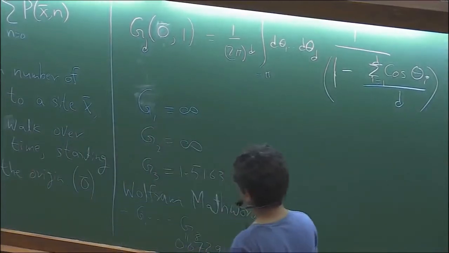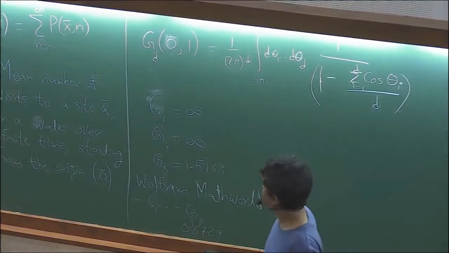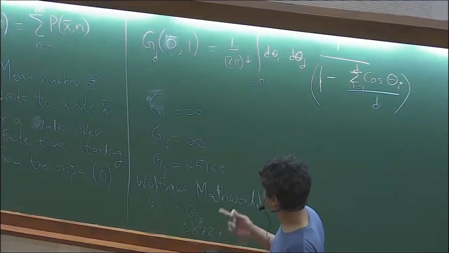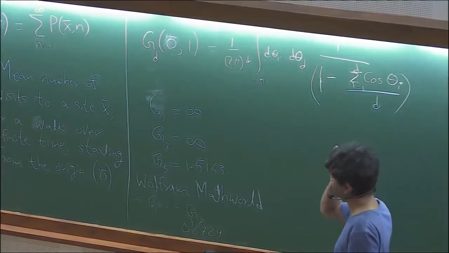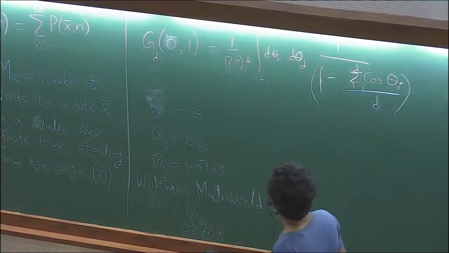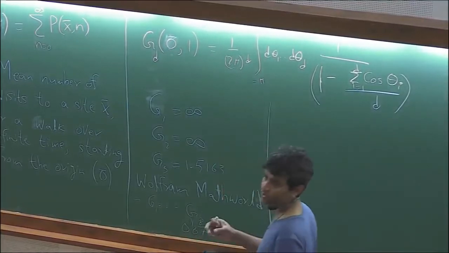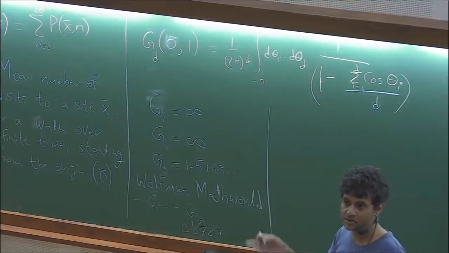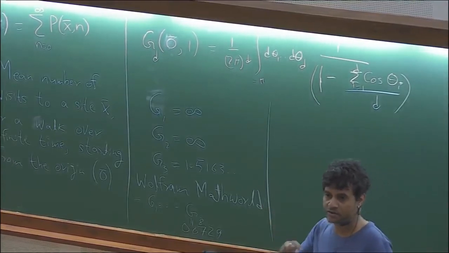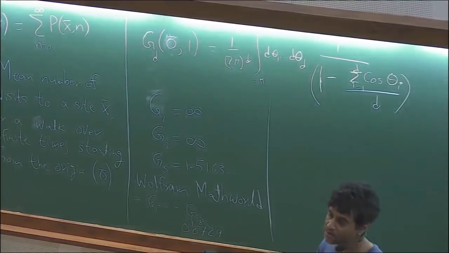So as you go to higher dimensions, G keeps decreasing. I couldn't find what exactly the power is at large d, but I think it's maybe 1 over d squared or something. So this is the mean number of visits. The basic point is that in higher and higher dimensions, the number of times you visit the starting point becomes less and less, which is kind of understandable.